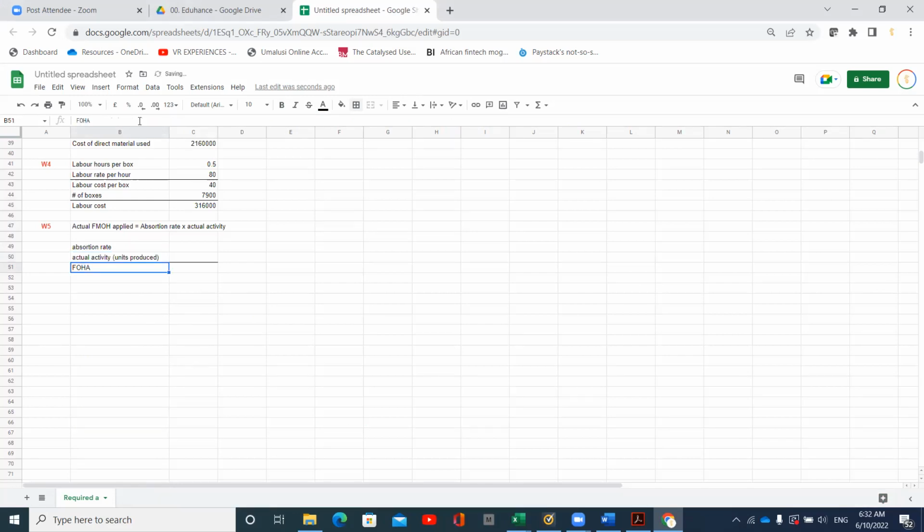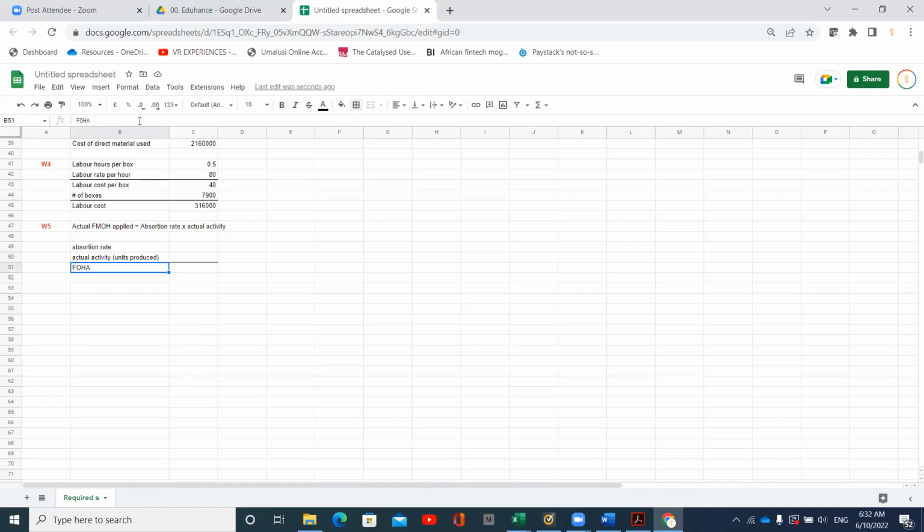Okay, so remember, overheads can be allocated based on labor costs, or labor hours, or machine hours, or material costs, or units produced. Okay, so there's different ways overheads can be allocated when we use the traditional costing method. So remember, you have the ABC method and the traditional costing method. We're always using the traditional costing method unless they specifically tell you to use ABC.